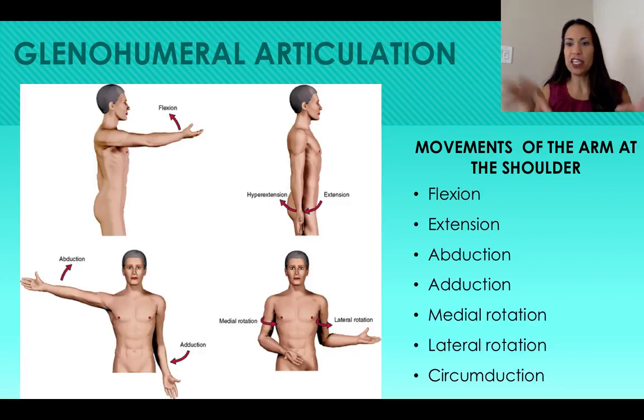Circumduction is a combination, a potpourri of these movements: flexion, extension, abduction, and adduction. In a circumduction, it's like you're going to draw a circle with your arm. First you flex, then you abduct, then you extend, and you adduct. That is circumduction. And those are the movements at the glenohumeral joint.